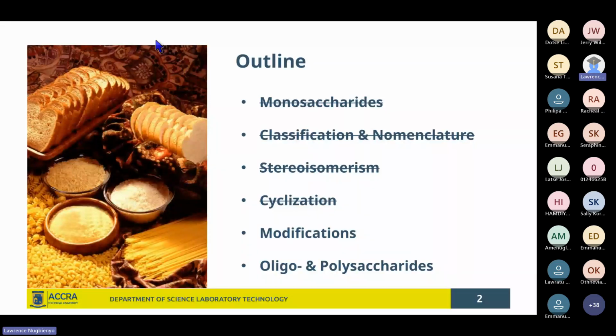And under this stereoisomerism, we saw 2 kinds of stereoisomers. We can have stereoisomers that are mirror images of each other, and these we refer to as enantiomers. And there are some stereoisomers that are not mirror images.